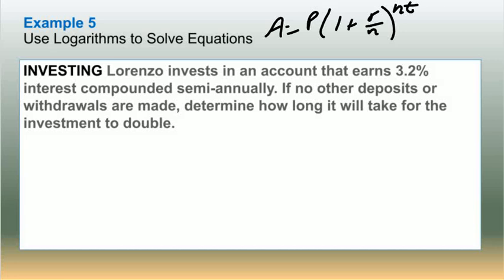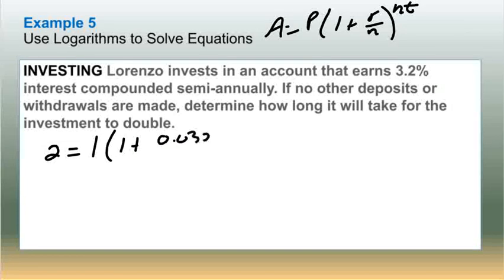We need to double the amount. We don't know what the initial investment is, so we're just going to use an initial of 1. So doubling it would make that 2, equaling 1 times 1 plus the rate, which is 0.032. Semi-annually means twice a year, so this would be 2 times t.